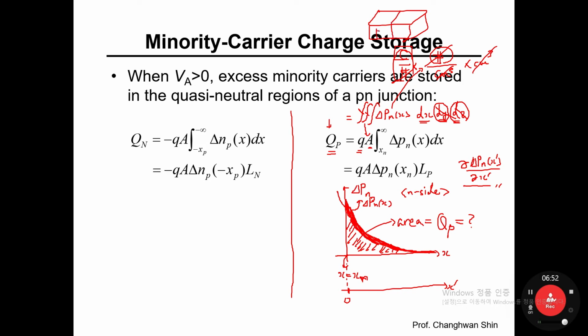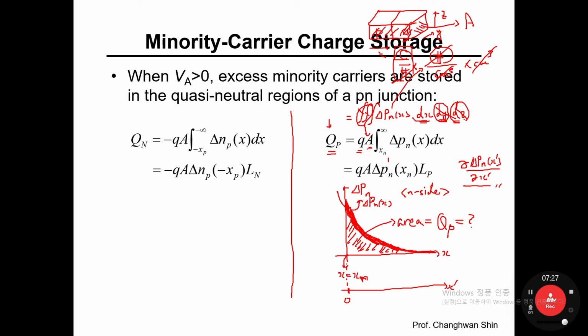Previously we did all the analysis along the x direction. We didn't care too much about the y and z directions because all the physics that happens along x is identical along y and z. So this cross-sectional area has been denoted as A, and the two integrations along y and z turn out to be A, the cross-sectional area of the PN junction diode.